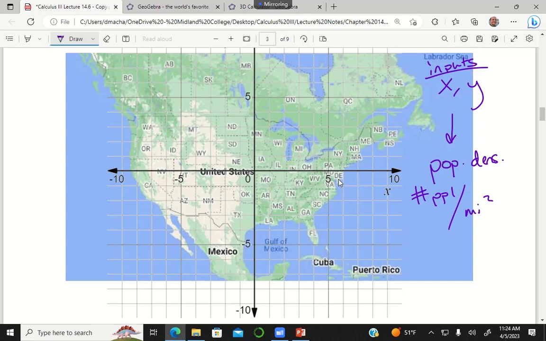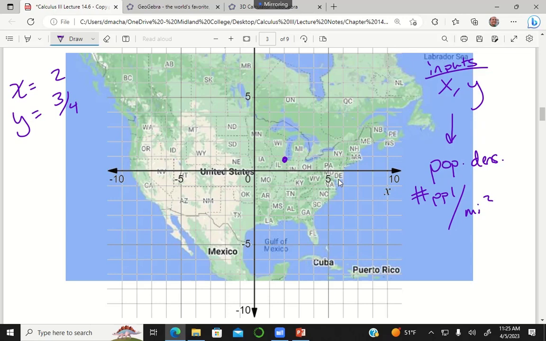And so if the coordinates I give you are x equal to 2 and y equal to 3/4, then that is Chicago, and your population density is going to be large, right?